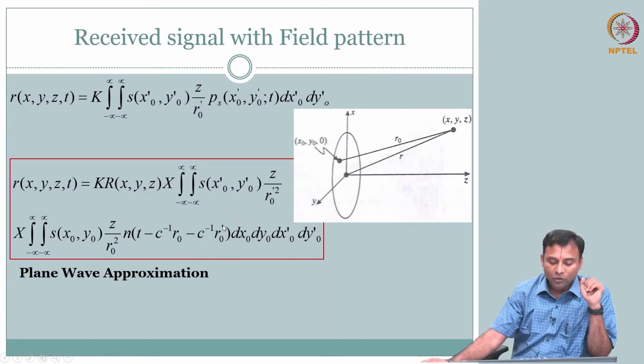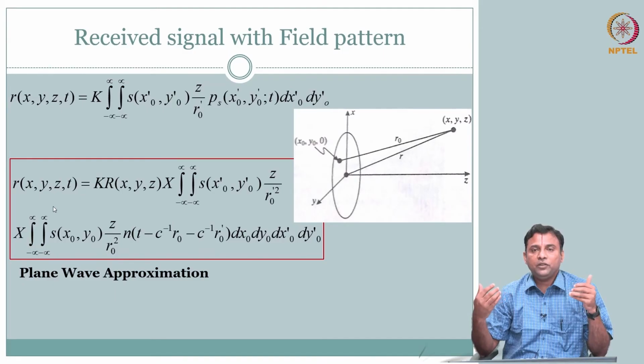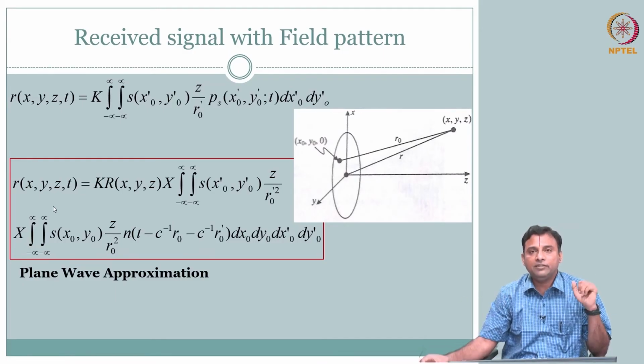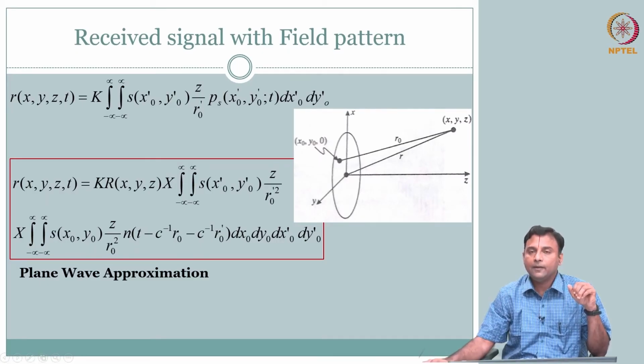Now what we need to do is make it a little more practical, so we need to simplify it. Certain approximations we will encounter now, okay. How do I describe this wave pattern, the beam pattern, the field pattern? This is capturing everything, but it is not easy to analyze with this equation.